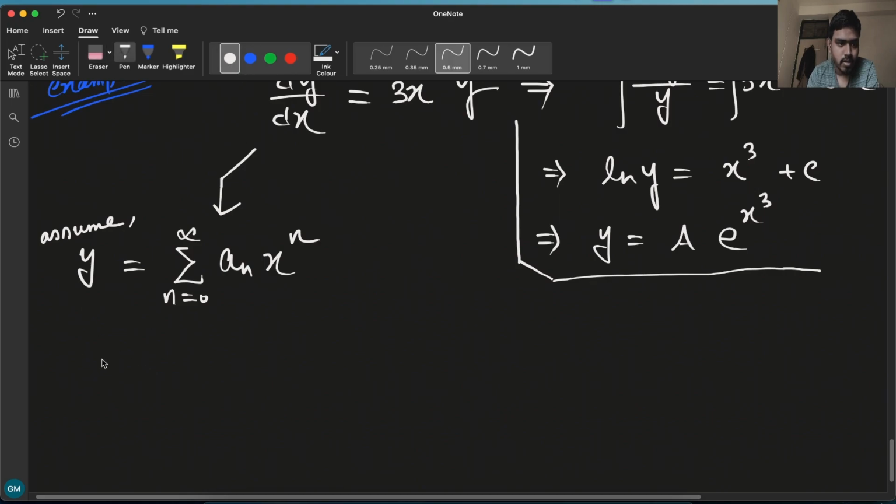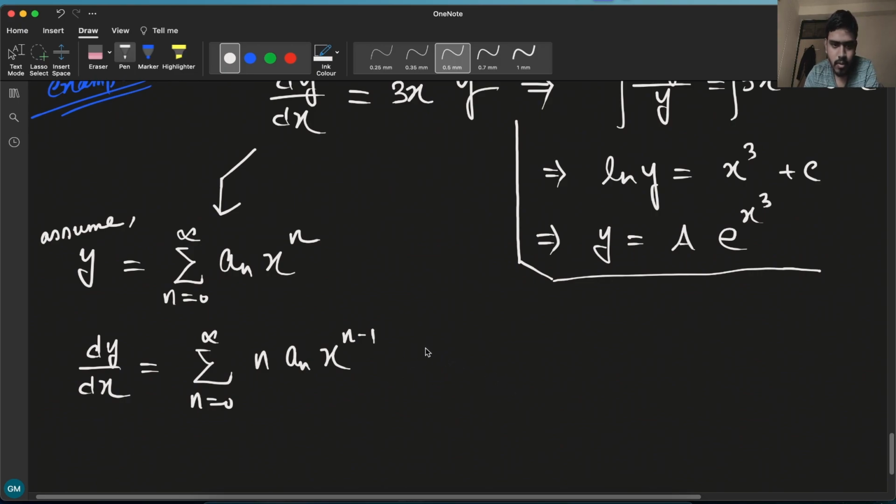Okay, so let's calculate dy/dx. So dy/dx equals the sum over n equals 0 to infinity of n a_n x to the power n minus 1, which equals the sum from n equals 1 to infinity of n a_n x to the power n minus 1.